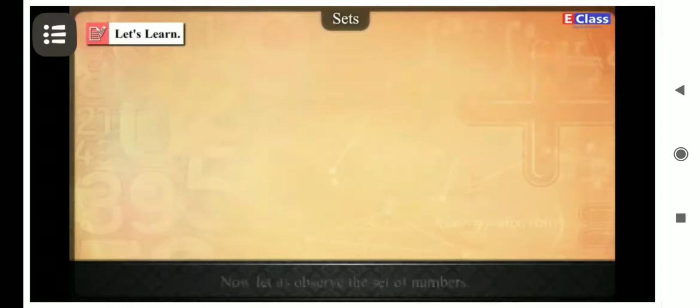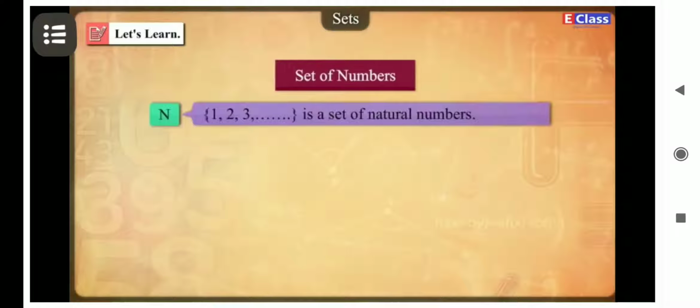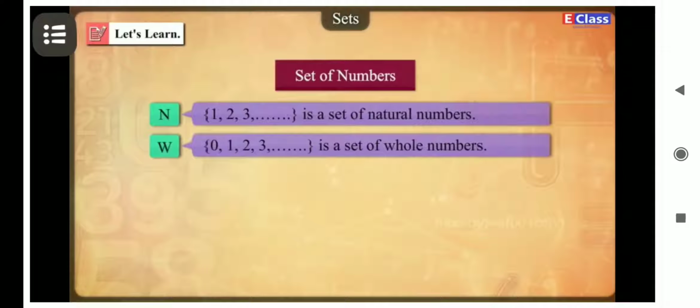Now, let us observe the set of numbers. N = {1, 2, 3, and so on} is the set of natural numbers. W = {0, 1, 2, 3, and so on} is the set of whole numbers.